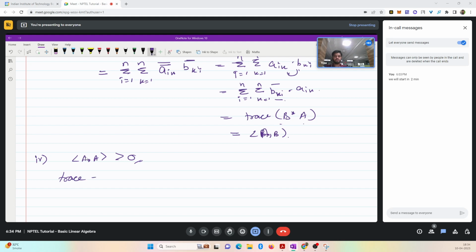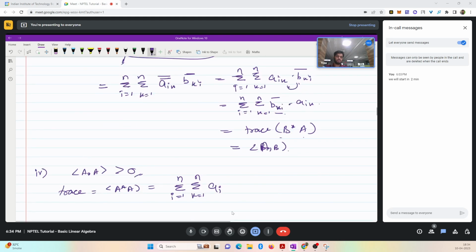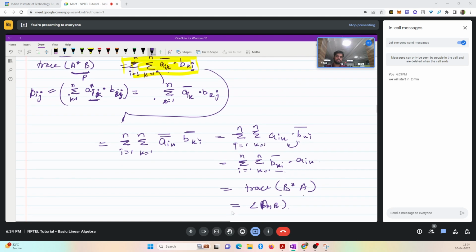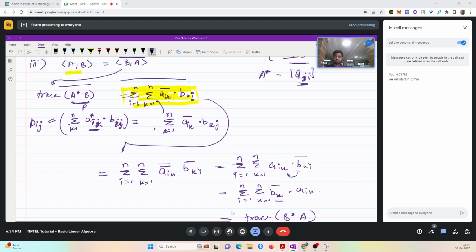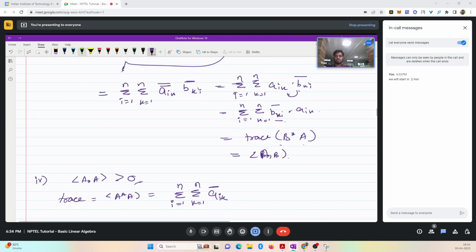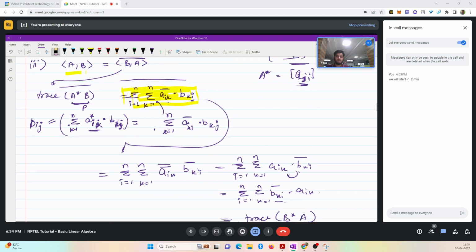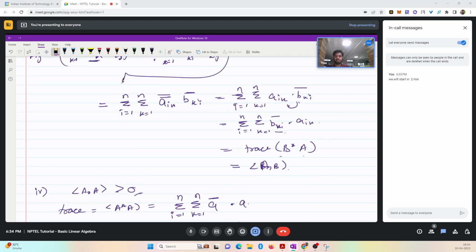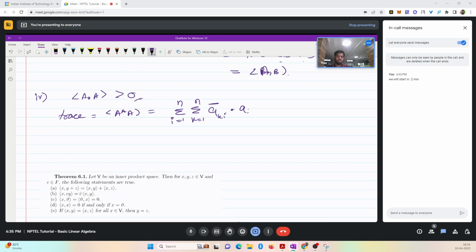So this is the trace of A transpose A. This is nothing but what we derived before, that this is the sum of A_ik conjugate into A_ik.